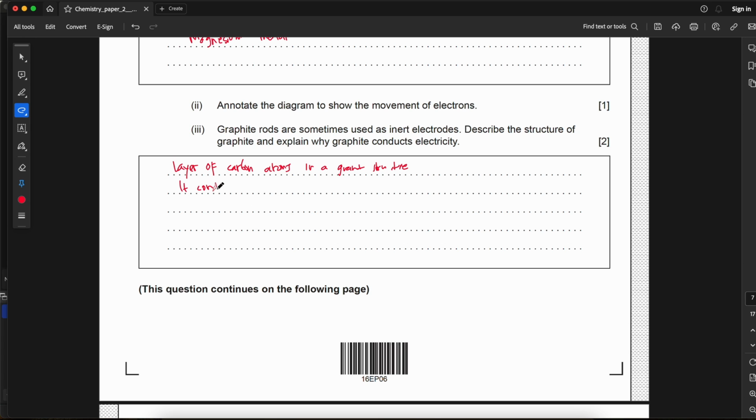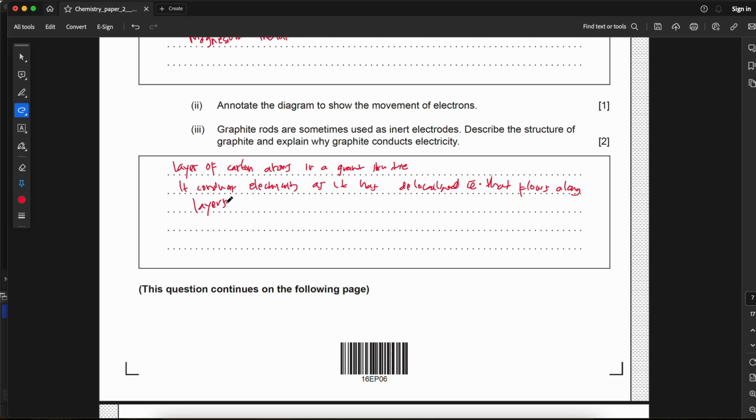It conducts electricity as it has delocalized electrons that flow along layers. Graphite consists of layers of carbon arranged in a hexagonal lattice structure.